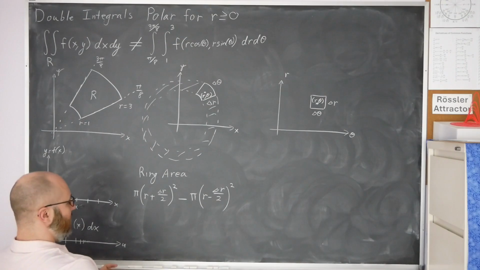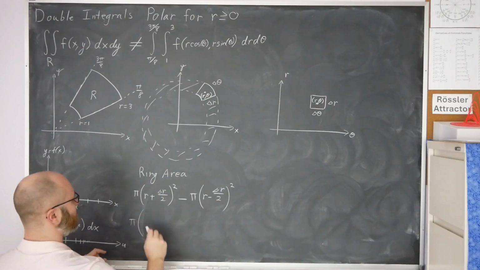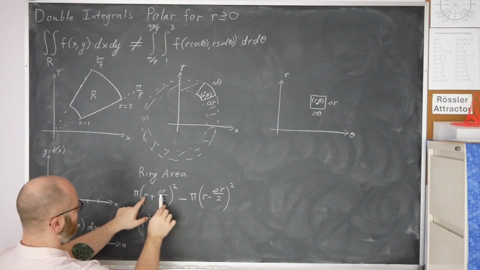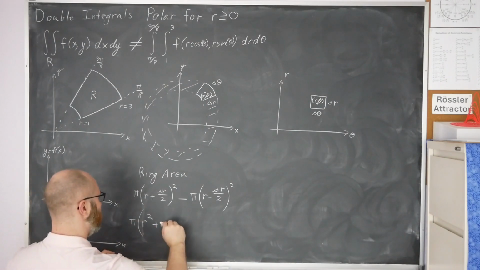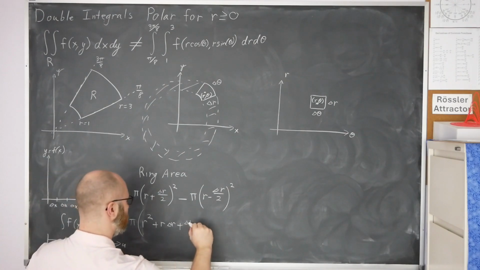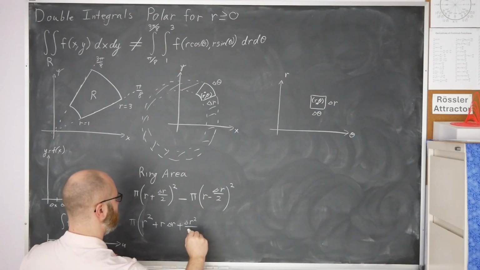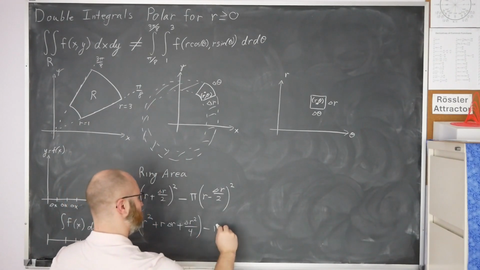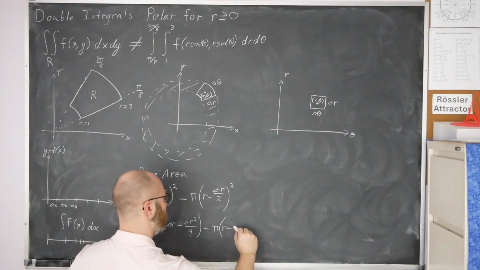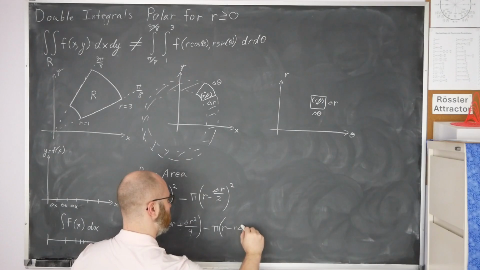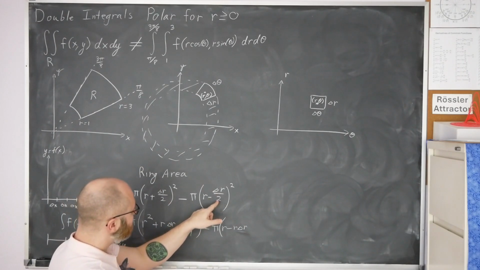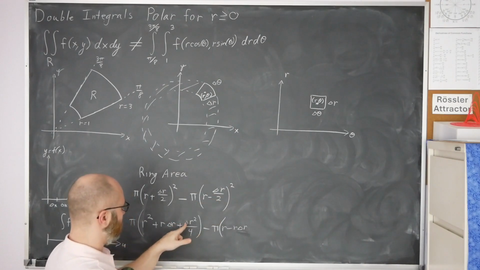If we simplify that a tad, pi times r squared plus r times delta r plus delta r squared over 4, minus pi times r squared minus r delta r plus pi delta r squared over 4.